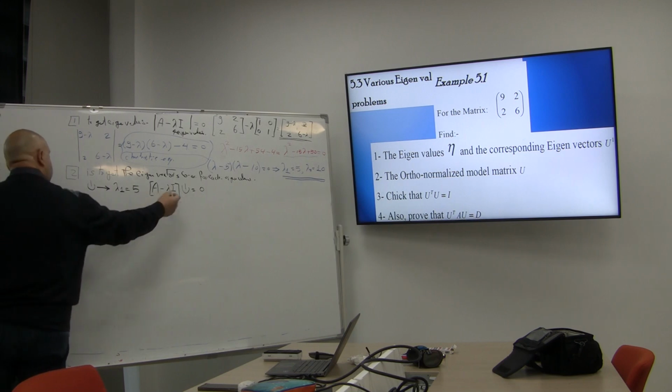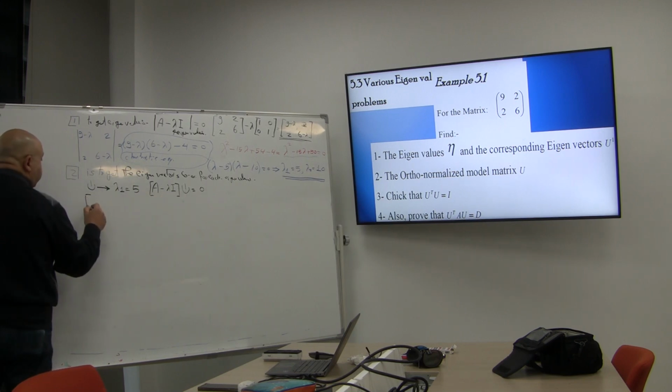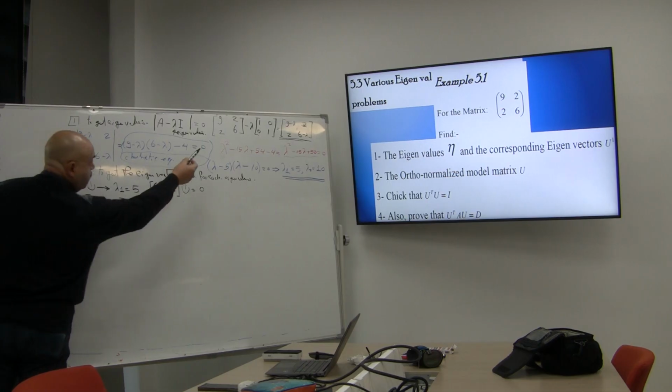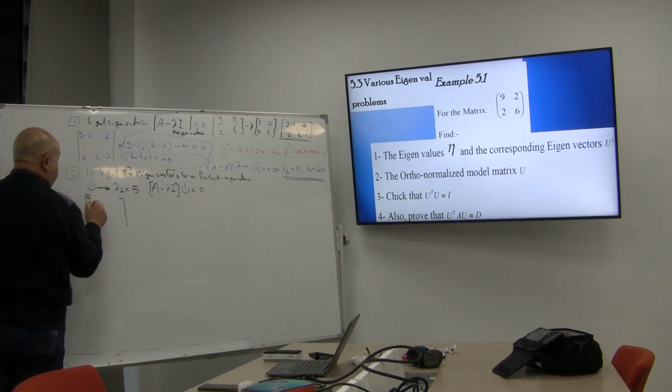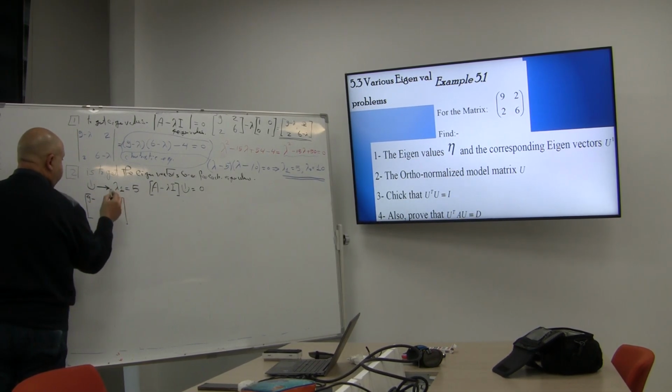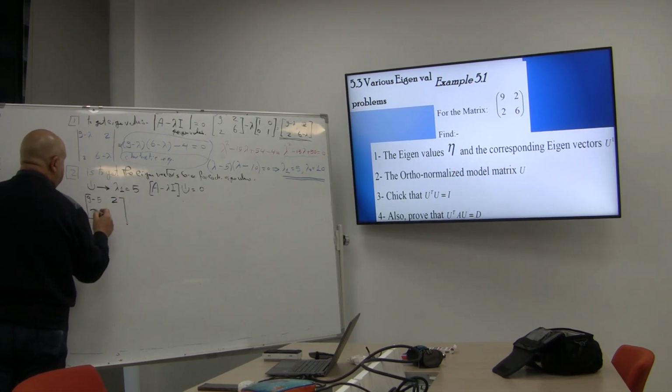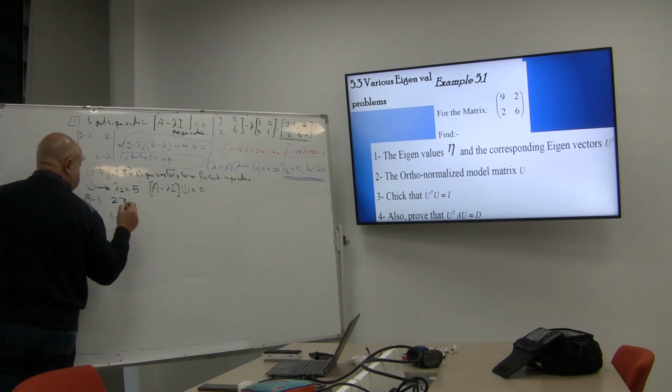Once you substitute with these values, I will have the A matrix, which is simply 9 minus lambda 1, which is 5. The second value is 2 and 2, and for the second element on the principal diagonal, it's going to be 6 minus 5.